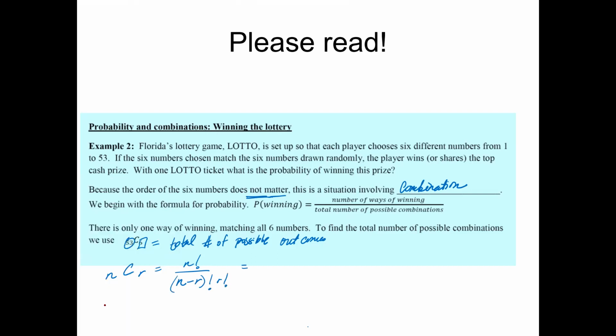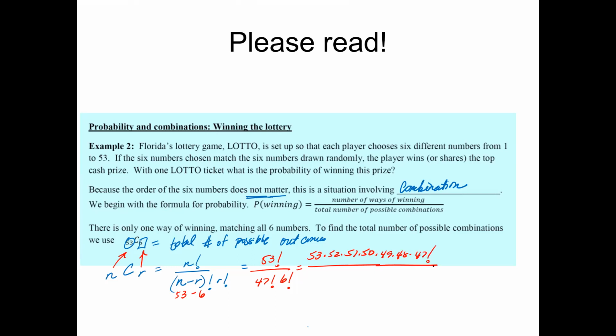So let's plug this in. You know your n is 53, your r is 6, so 53 factorial divided by 53 minus 6, which gives me 47 factorial, times r factorial, which is just 6 factorial. Now I want to extend this. I'm going to do 53 times 52, 51, 50, 49, 48, 47 factorial.